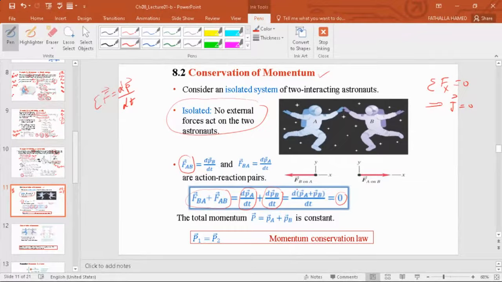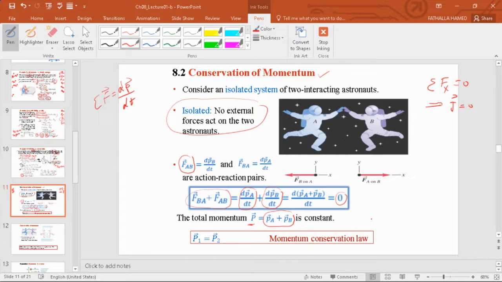It's equivalent to saying it is d of PA plus PB over dt equal to 0. And you know that if you take the differentiation of a constant, it gives you 0. That means PA plus PB should be a constant. And that's where we say that the momentum of both should be constant here.